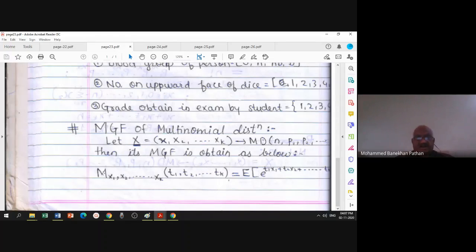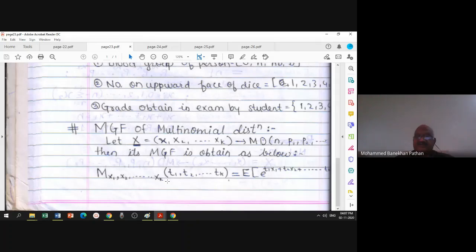We write the MGF by capital M as a subscript. If there is one variable, we write X. If there is more than one variable, we write X1, X2. Now in this case, there are k variables.